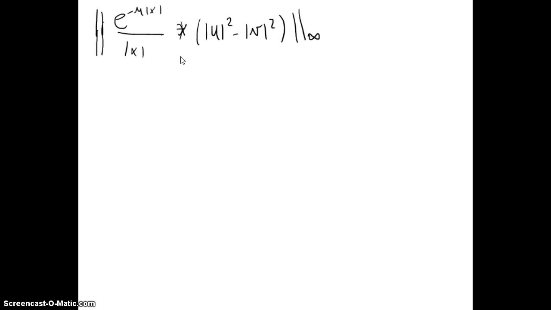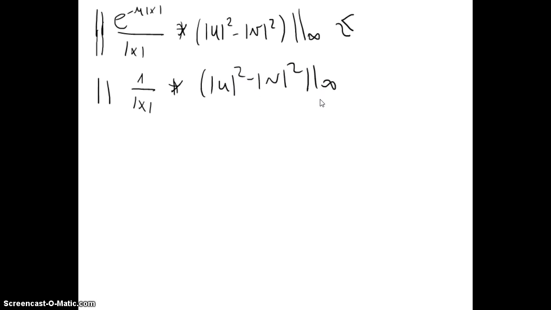Okay, so this term we can bound it. Well, first mu is positive, so we can bound this by 1 over x convolution mu u squared minus b squared norm infinity.